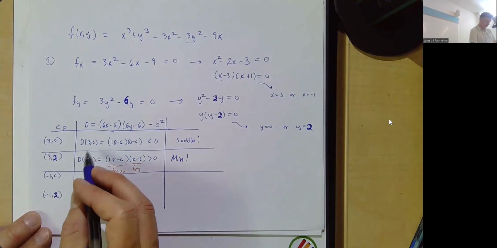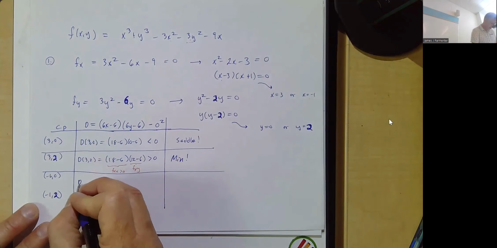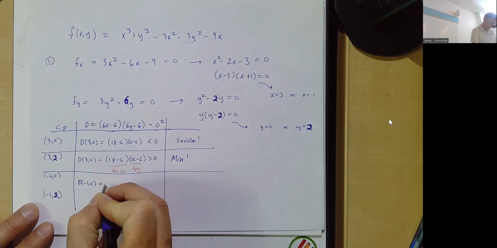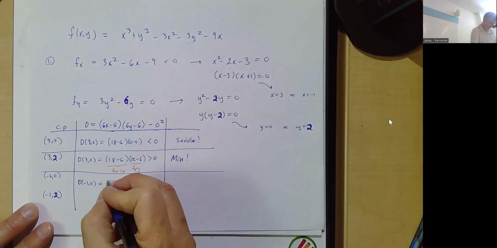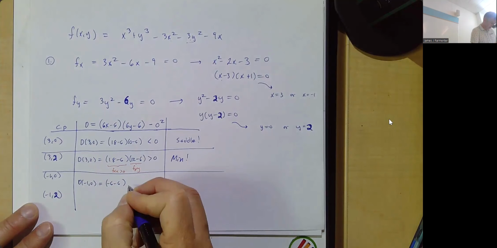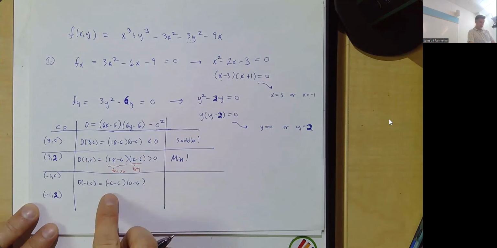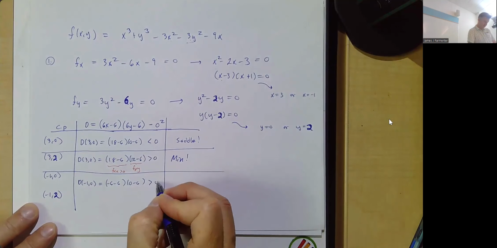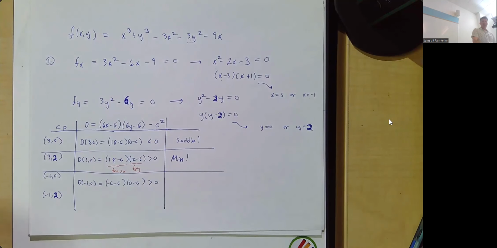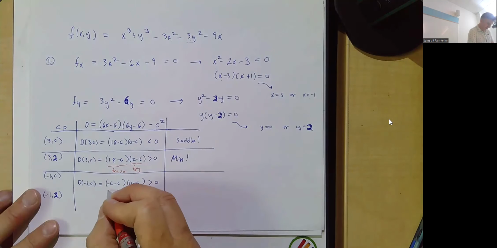Check these other 2 points. So -1 for x, 0 for y. I'm going to get D of -1, 0 equal to -6 minus 6 times 0 minus 6. That's a negative times a negative, which is positive. But now I just said I had a negative times a negative. That means my fxx is definitely negative.